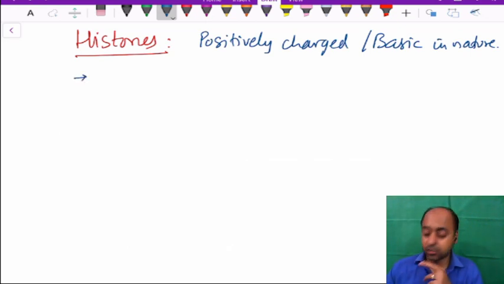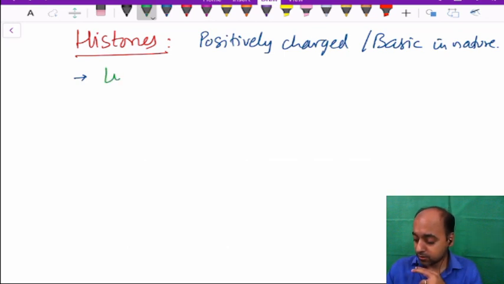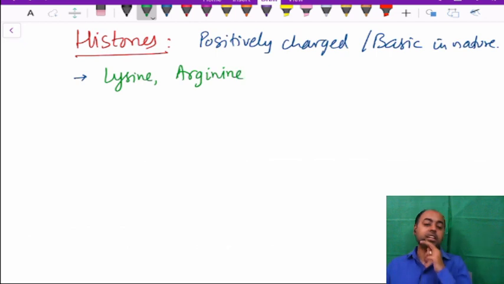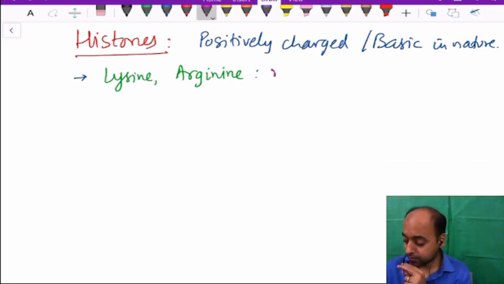The basic nature is due to the presence of the amino acids lysine and arginine. Please note that histidine is not present in any great amount. Although the names sound similar, histidine, histone, it is not so. The basic nature is imparted by lysine and arginine.